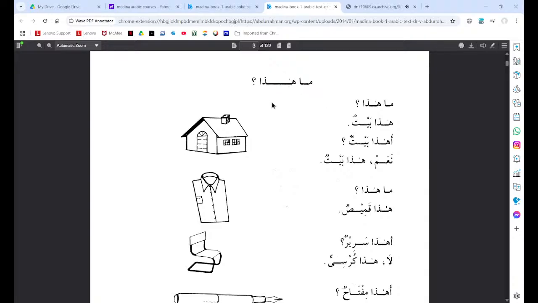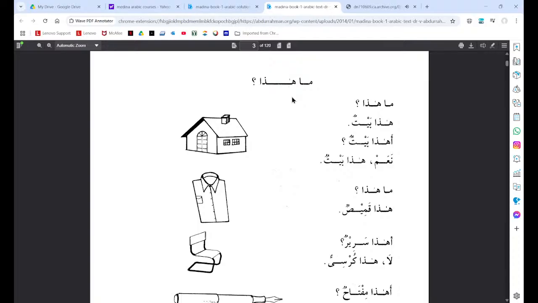What is this? Again, there's no "is" in Arabic. We insert "is" to understand it easier in English. Ma hada. What is this? So ma is the ism of istifham, of understanding, لغير عقل, for the inanimate object, something without intellect.